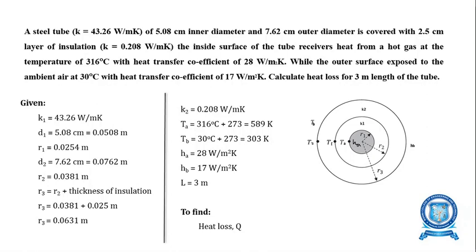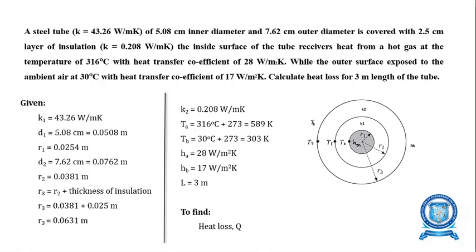A steel tube. Therefore, we can assume the shape given is cylindrical. Actually, the steel tube is a cylindrical element. So the thermal conductivity of the steel tube is given as 43.26 watts per meter Kelvin, that is considered as K1, of 5.08 centimeter inner diameter.